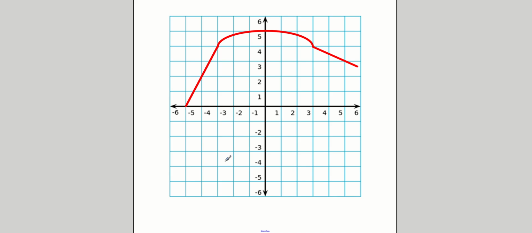An interval of it. And when it gives the intervals, it's going to give x values. So if it says from x equals 3 to x equals 6, what it's talking about is this part right here. Just that section.